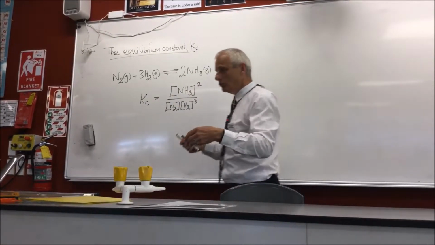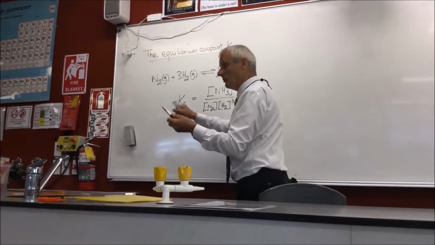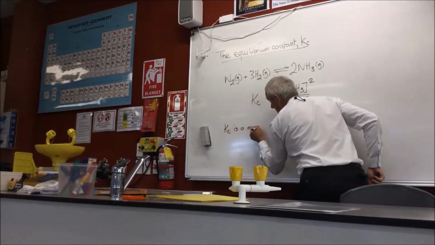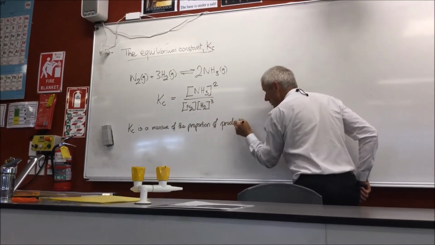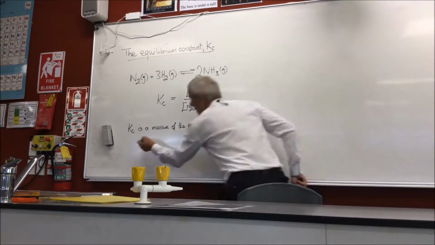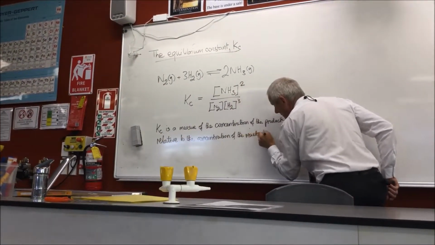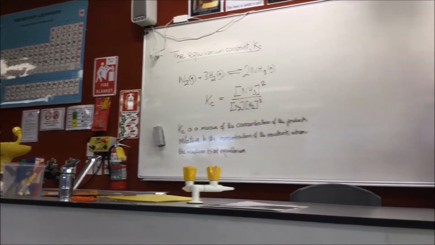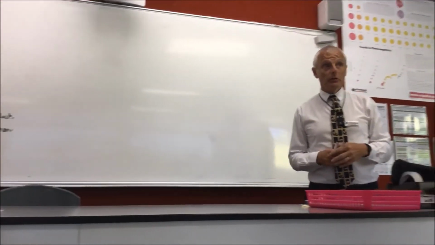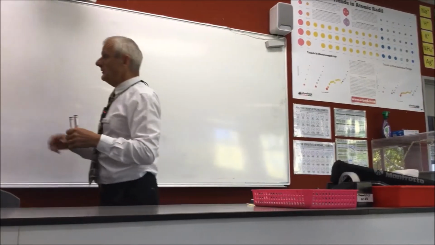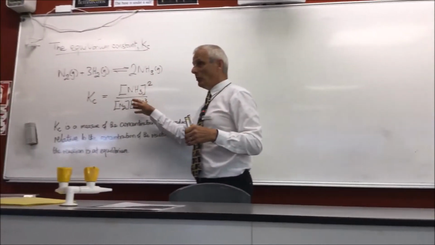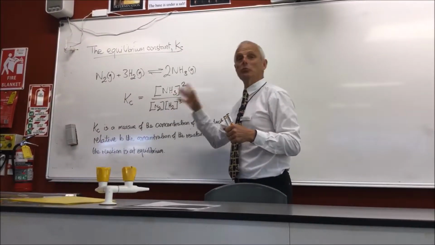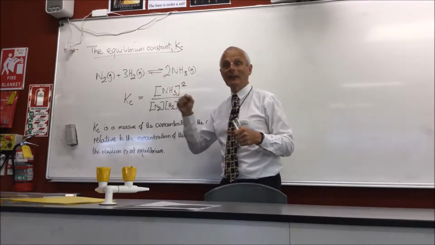So let's write down first of all what this is telling us. Now the last part of that statement is actually very important. When we're looking at Kc, we're assuming the system has been reacting away and is then at equilibrium.